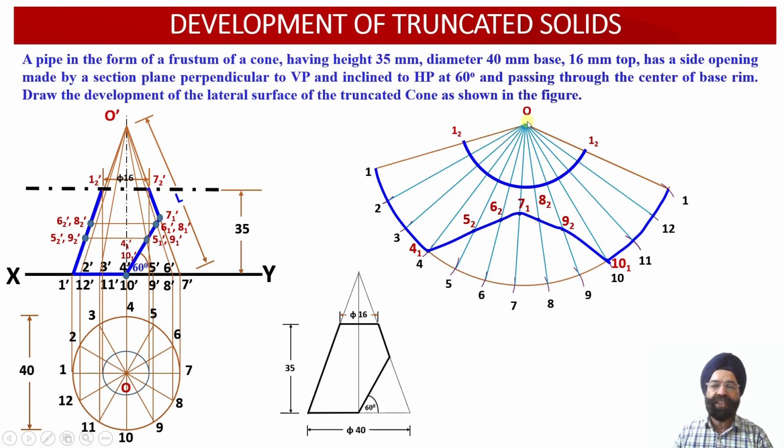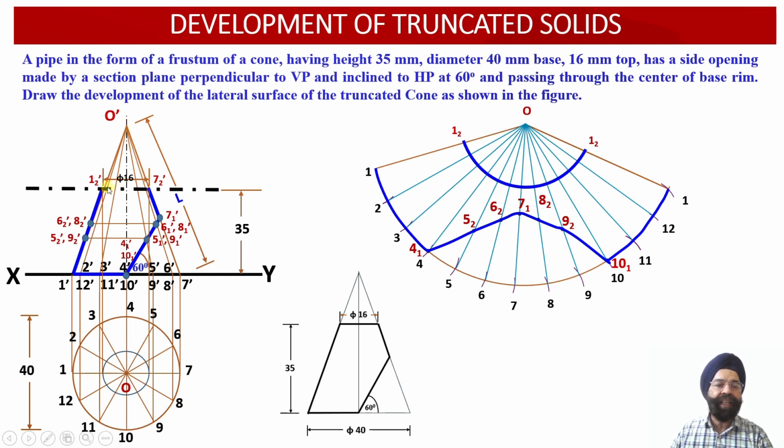So now since we are starting the development from O1, onto the true length of the generator O1 we will open the arc having the same radius. What will be this radius? This radius will be equal to O-12 dash over here, which will be equal to O-72 dash.